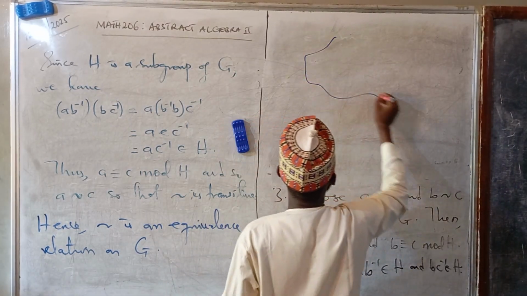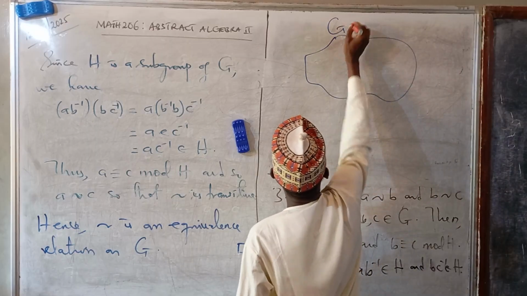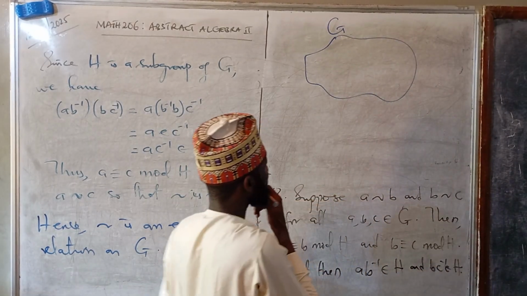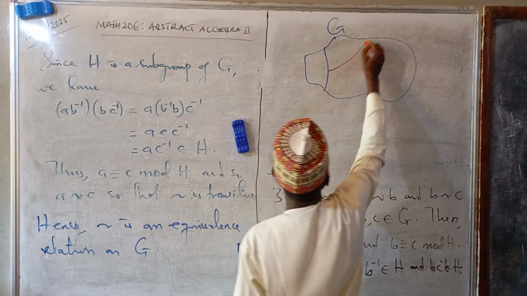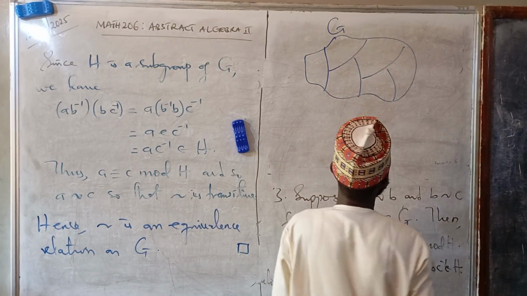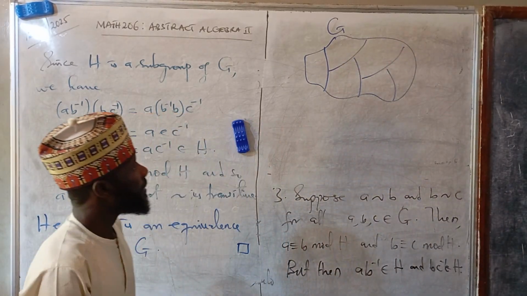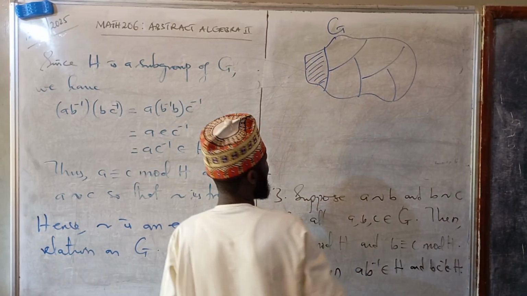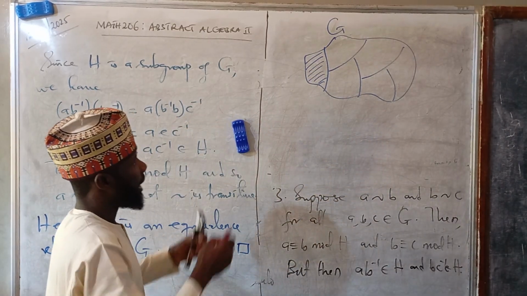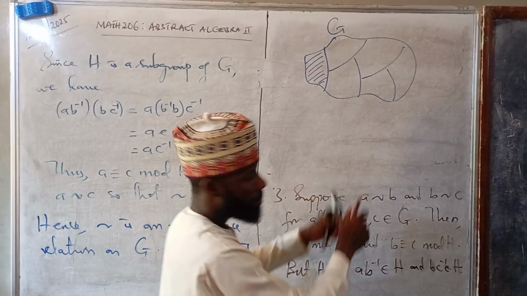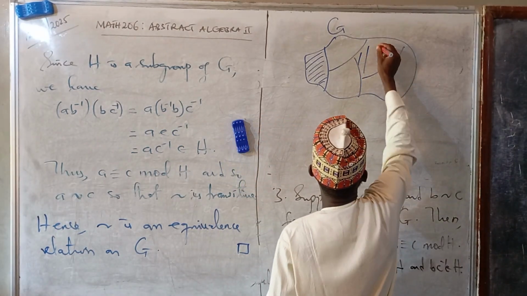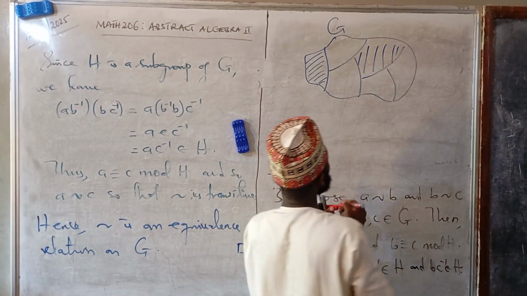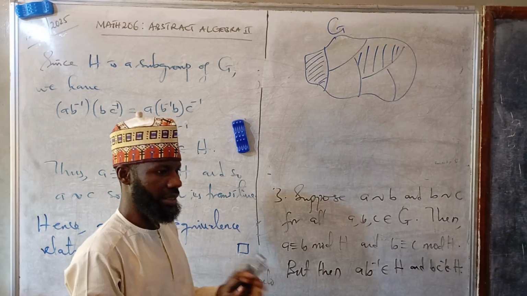Imagine you have your group G. This particular relation will partition the group into as many classes, where elements will be in the same part if they are related to each other. So all elements related to each other are in one class.